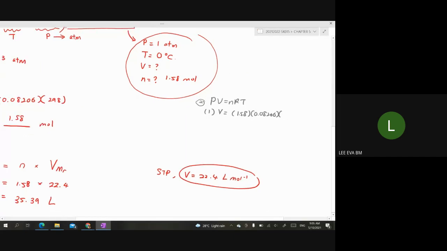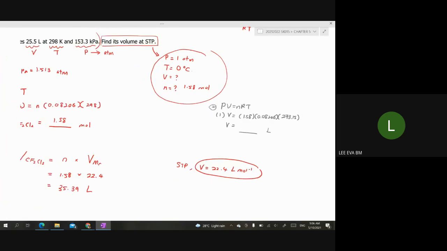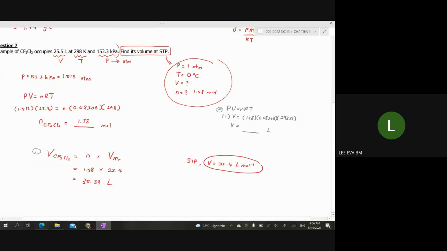Masukkan temperature dalam Kelvin, which is 273.15. Cari pula awak punya volume. Is that okay? Sama je dia punya working step PV=nRT.